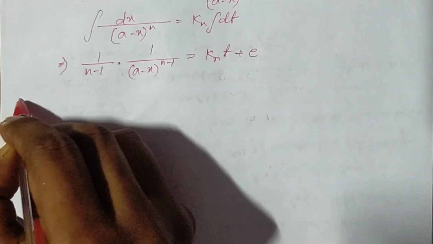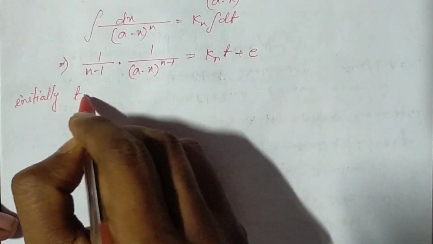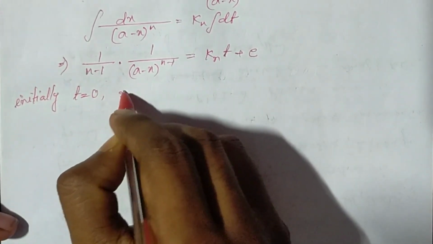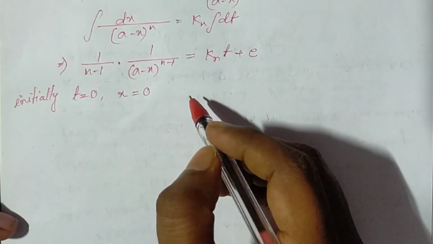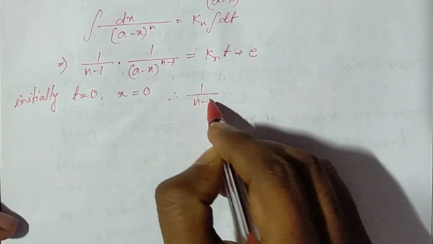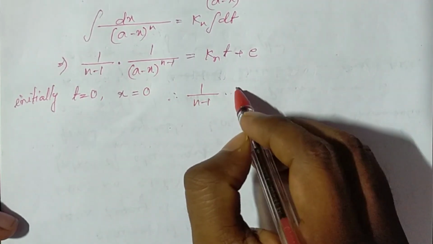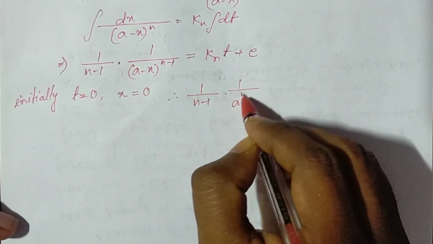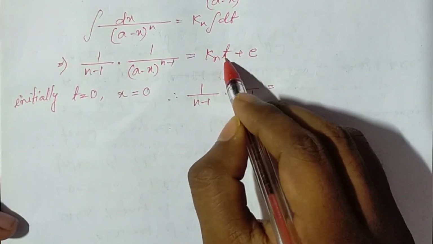So initially, when time is 0, at that time x will be 0, no product. So we can write this equation: x will be 0, so here it will be 1 by n minus 1 into a to the power n minus 1 is equal to c, as this part will be 0 since t is 0.